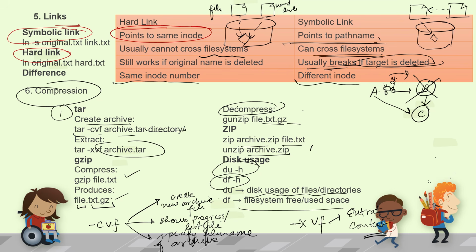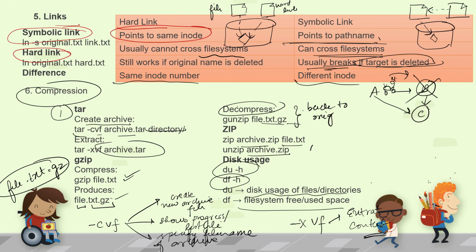In gzip, we compress the file. Now here we are producing a new file named file.txt.gz. Now if you use gunzip, we basically decompress it back to the original state.